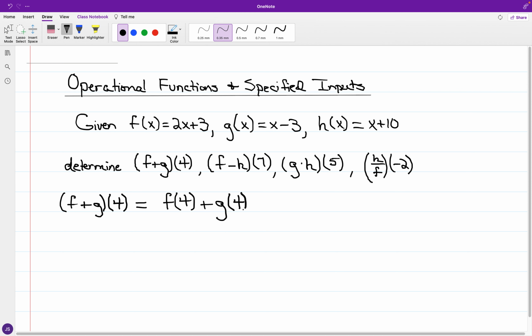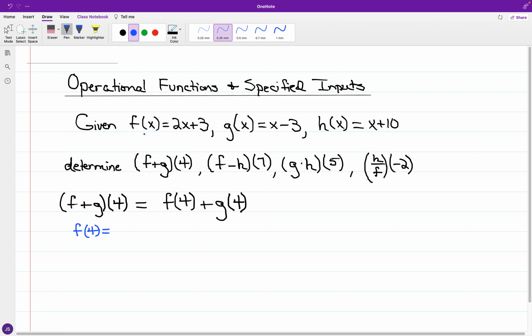And what we can do now is identify the values of f of 4 and g of 4. So for f, f of x is equal to 2 times the input plus 3.